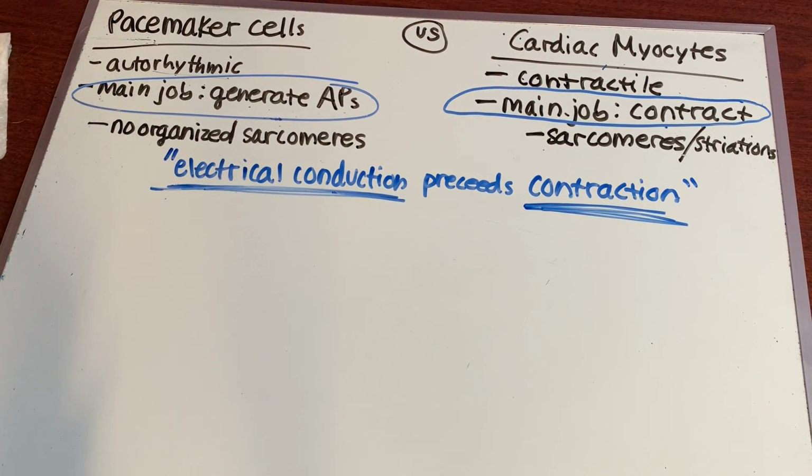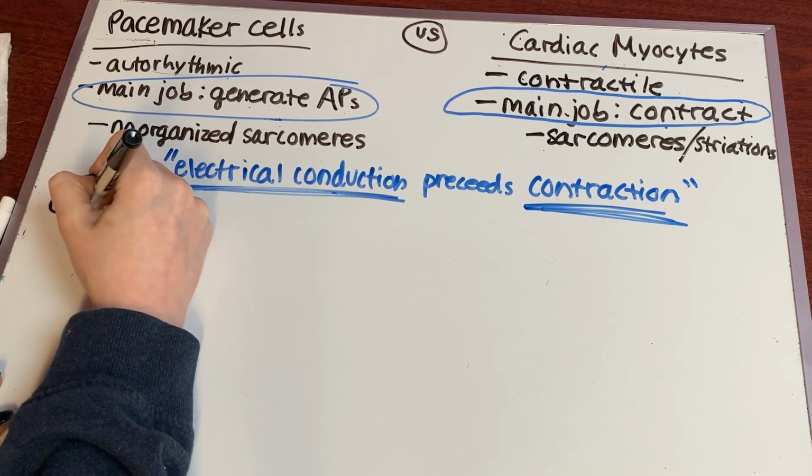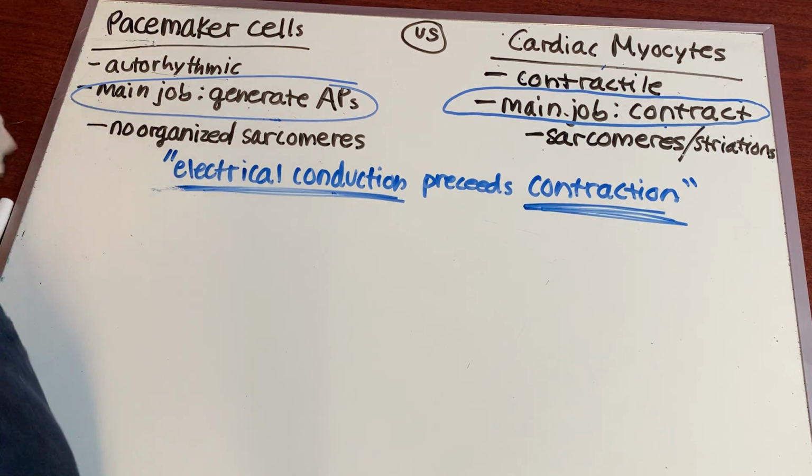So I'm just going to draw a heart now, and we're going to work our way through the electrical conduction pathway. I'm going to draw it in green.